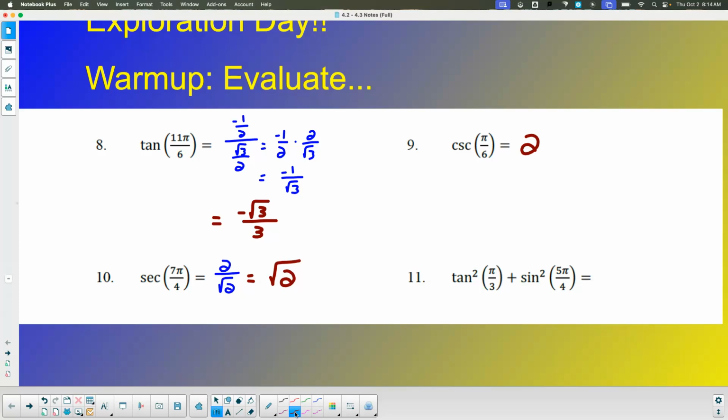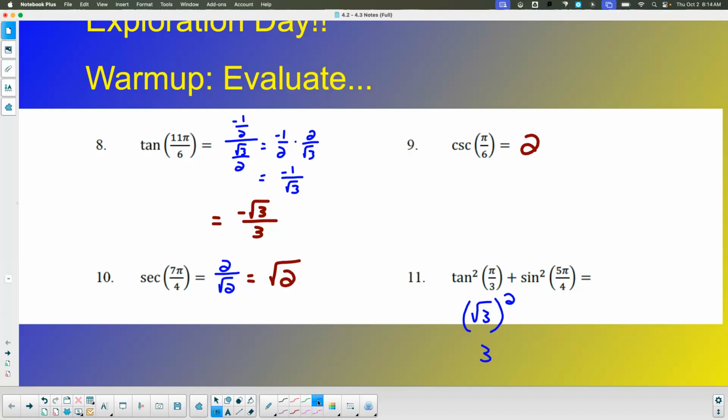Tangent squared at pi over 3. Tangent at pi over 3 is the square root of 3 over 2 divided by 1/2, which is just the square root of 3. Then we need to square that, so that gets me 3 there.